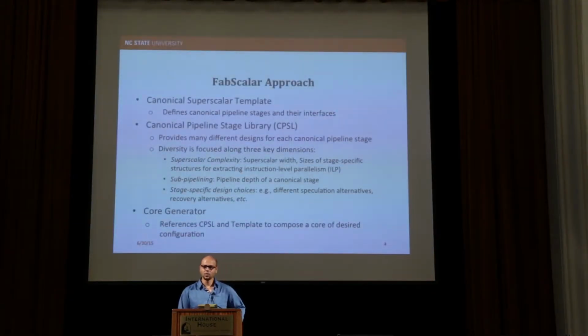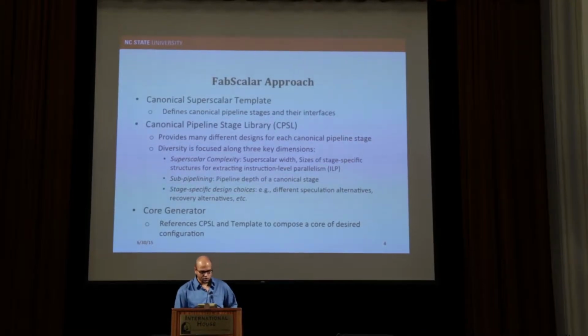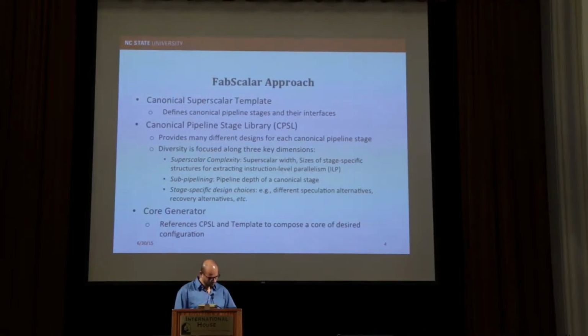So some of the stages are also sub-pipelined to let you hit the frequency target that you need to get to. And then there's, of course, the stage-specific design choices, for example, speculation techniques, for example, an issue technique, and recovery mechanisms. These are just examples. There are other things that you can choose from.